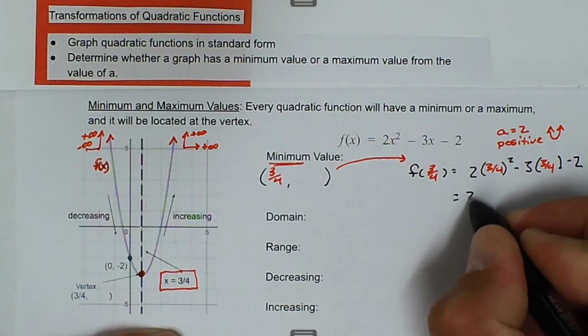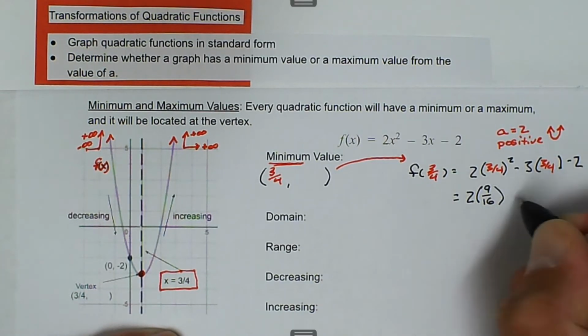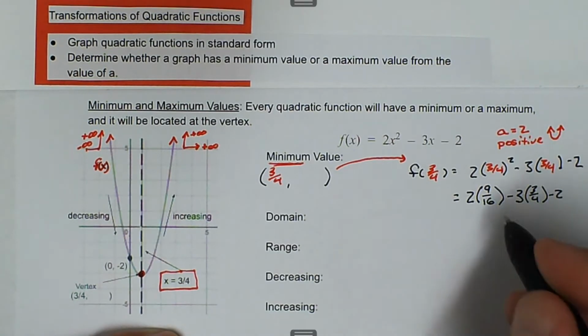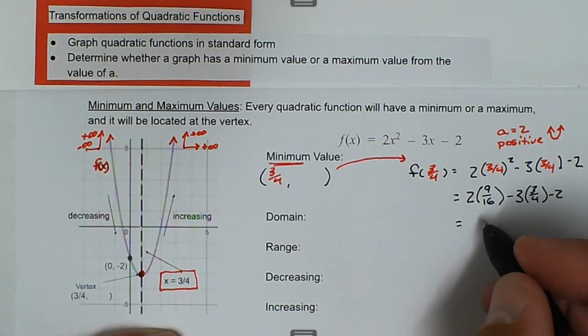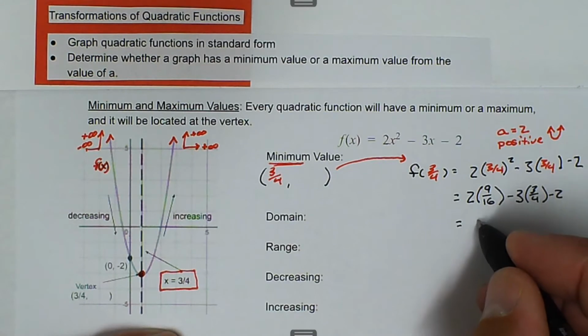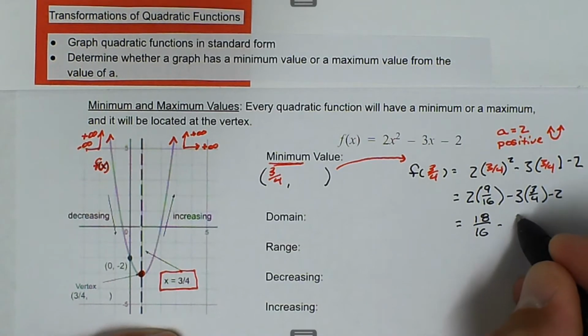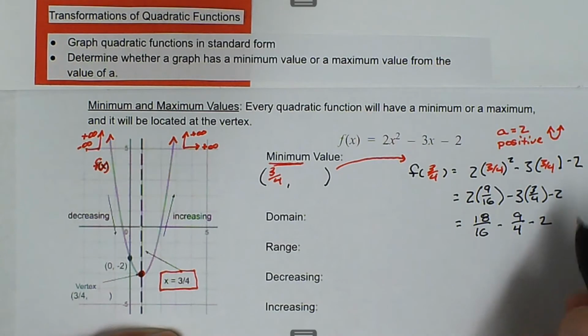We get 2 times 9 over 16 minus 3 times 3/4 minus 2. And that's going to be equal to 18 over 16. 9 times 2 is 18 over 16 minus 9 over 4 minus 2.